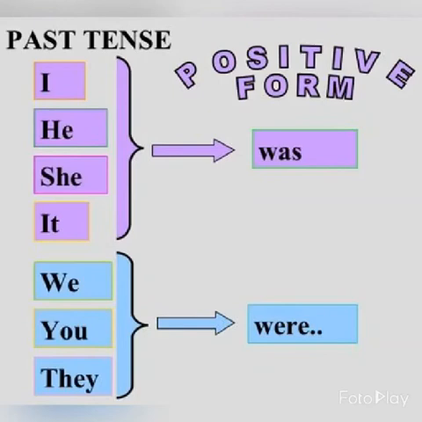Now, with which pronouns will we use was, and with which pronouns will we use were? With I, he, she and it, in all these we will use was, whereas with we, you and they we will use were.